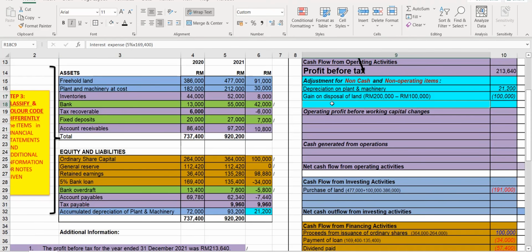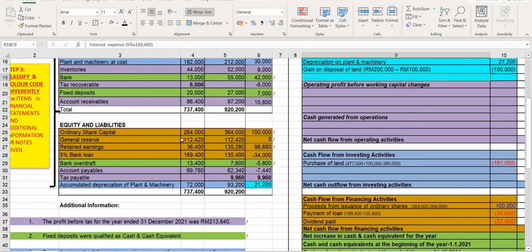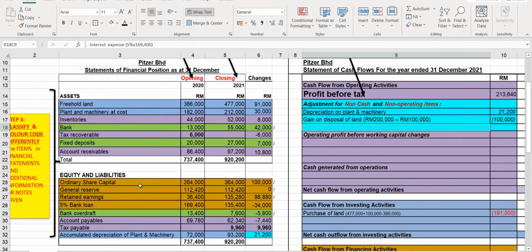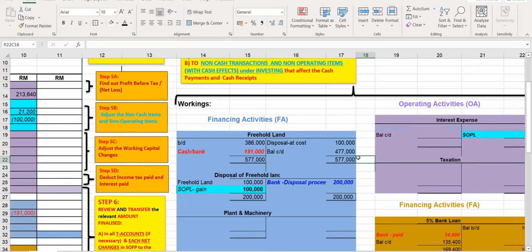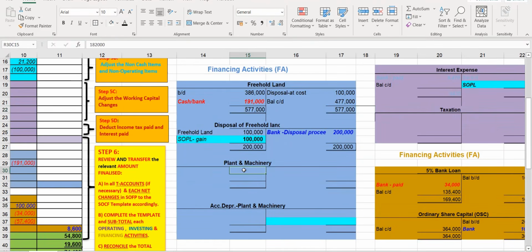Next, we're going to find out the item for the plant and machinery. We have done that part earlier for the freehold land, and now we're going to do it for plant and machinery. I'm putting the balance at the beginning of the year on the debit side and the balance at the end of the year on the credit side.